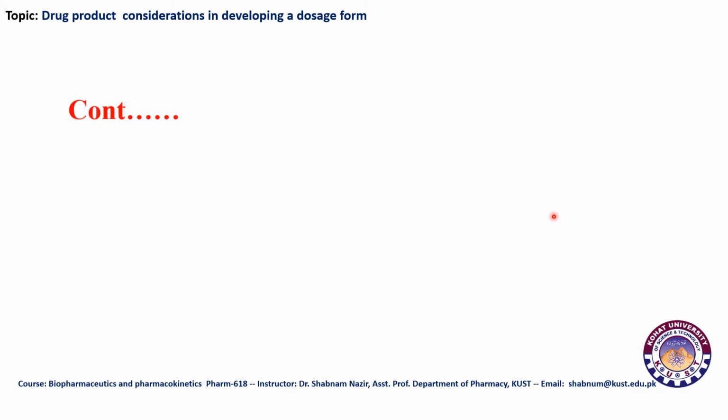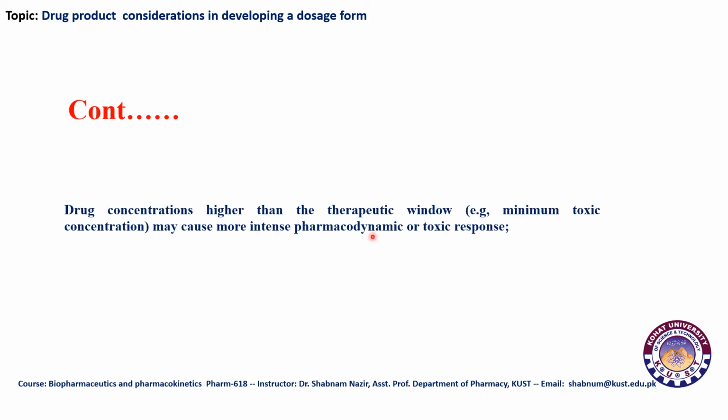So, a drug concentration which is higher than the therapeutic window, for example, the minimum toxic concentration, may cause a more intense pharmacodynamic or toxic response. Students, as you know, the therapeutic window is basically a space or gap between two levels of concentration. One is called the minimum effective concentration, while the other one is the minimum toxic concentration.